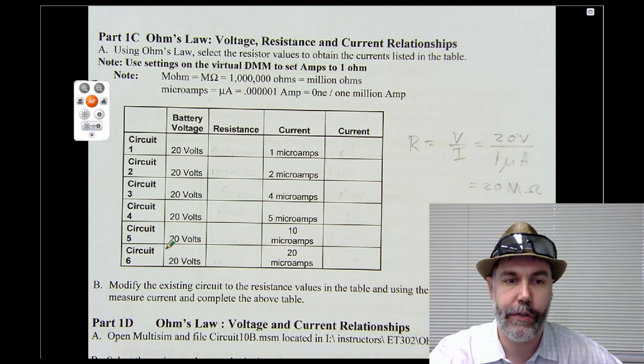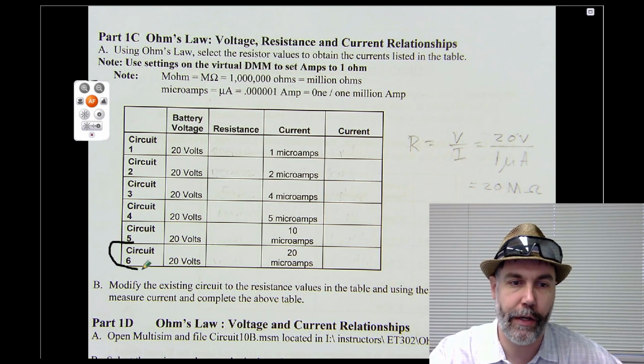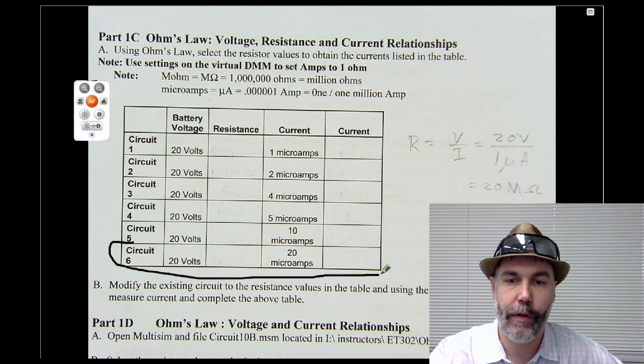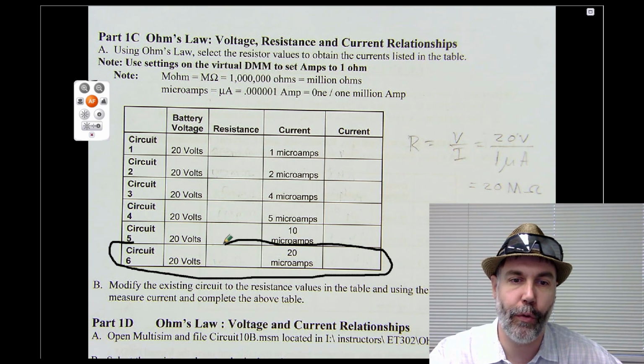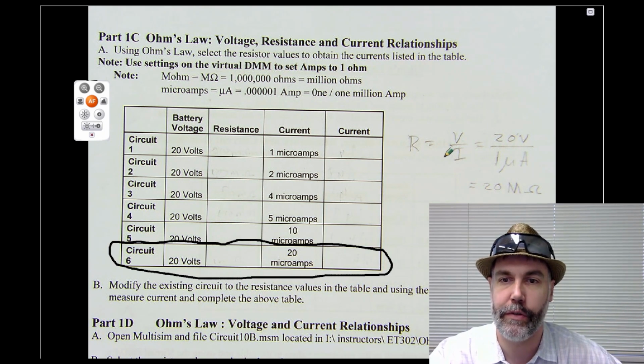Let's look at this last part right down here for circuit 6. We've got a voltage of 20 volts, and we want a current of 20 microamps. So we want to find what resistance we would need.